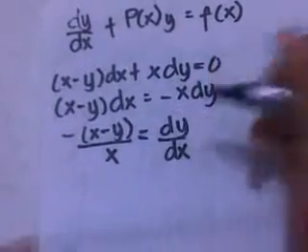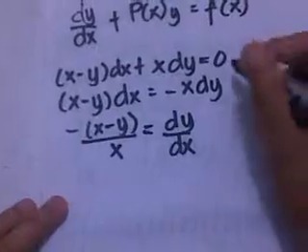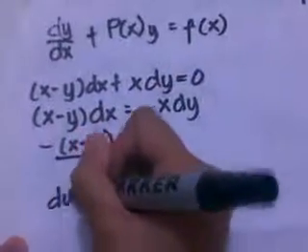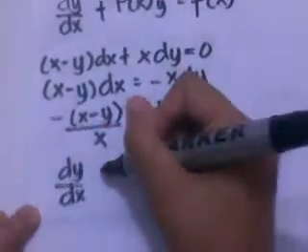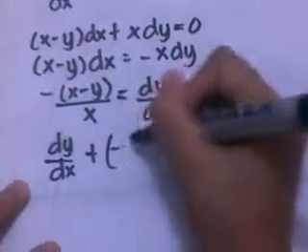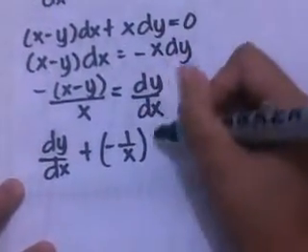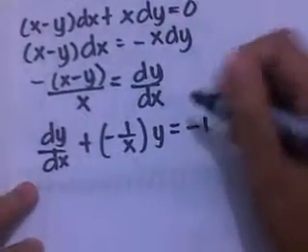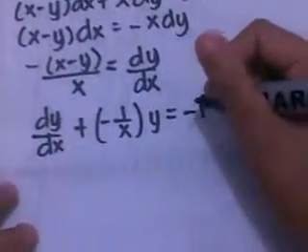And now it will be transformed into its standard form, which is dy over dx plus negative 1 over x y equals negative 1. So here is now our standard form.